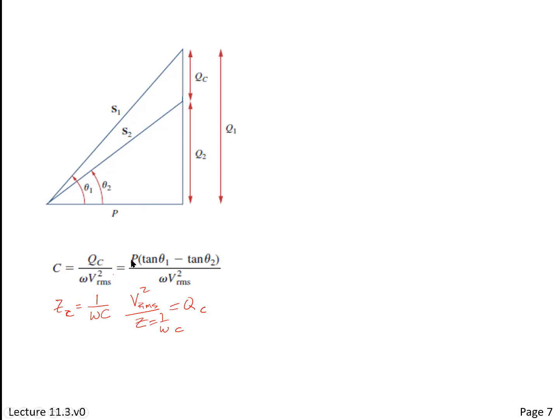There are other ways to come up with the value of Q sub C. If you broke this out, you could say P times the tangent of theta 1 minus P times the tangent of theta 2. There are a lot of ways to do the math here, but it's really just working with the trigonometry of this simple diagram.